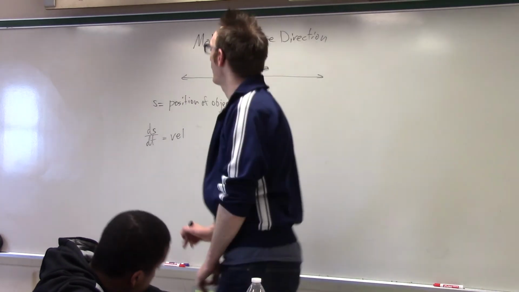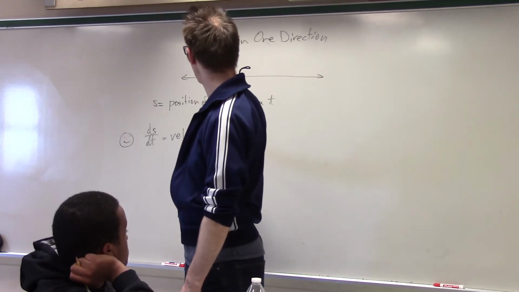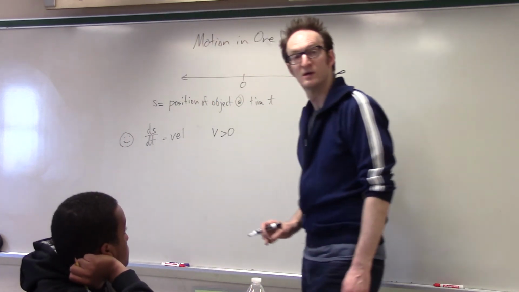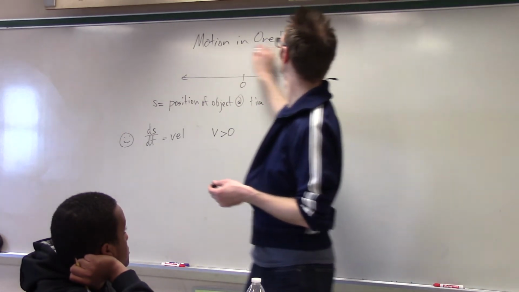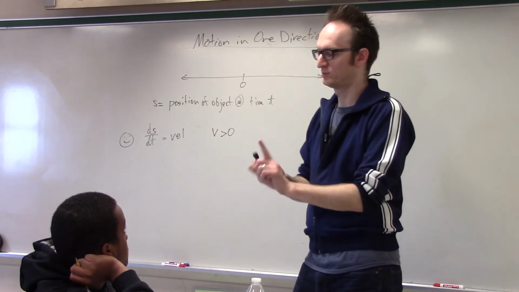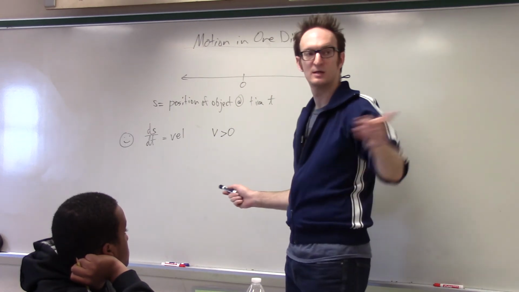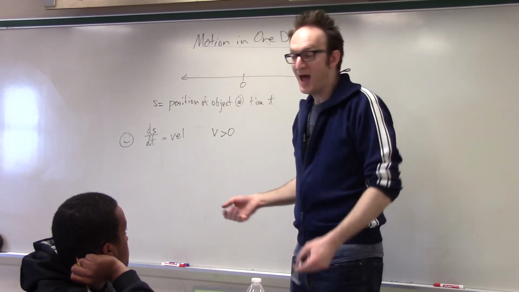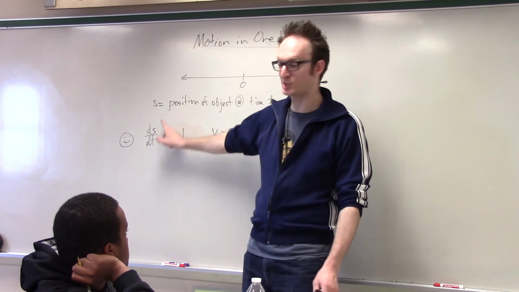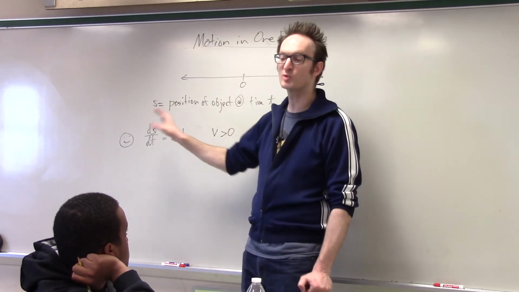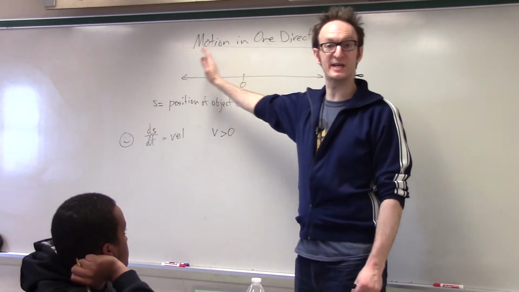What does it mean if my velocity is positive in the context of this motion in one direction? Yes, Ethan? You go right. Yeah, if my velocity is positive, the rate of change of my position is positive, so my position is increasing.